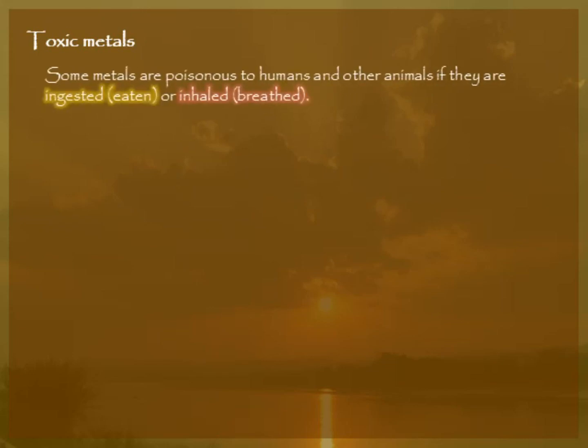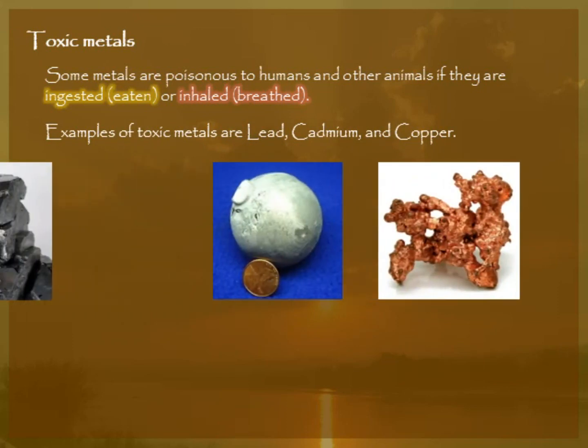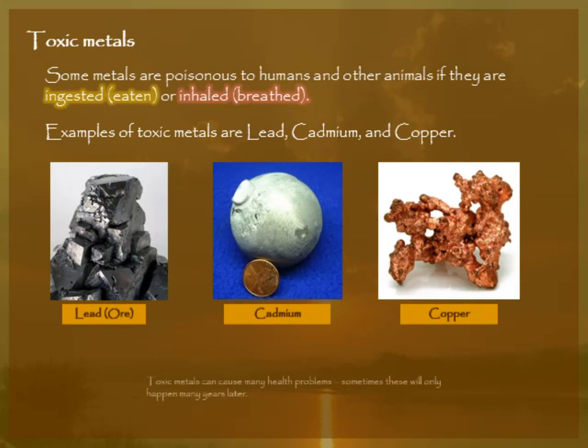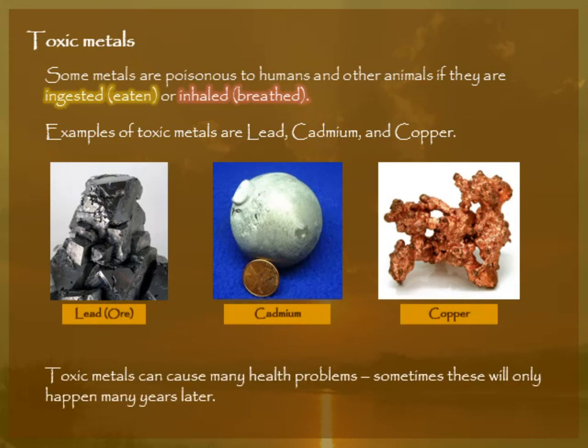And the last group of pollutants we're going to talk about is the toxic metals. So many of the metals we use in industrial processes are poisonous, and if they are ingested or inhaled, they can lead to health problems. Some examples of metals that are dangerous in this way are lead, cadmium, and copper. And these toxic metals may cause health problems years later.